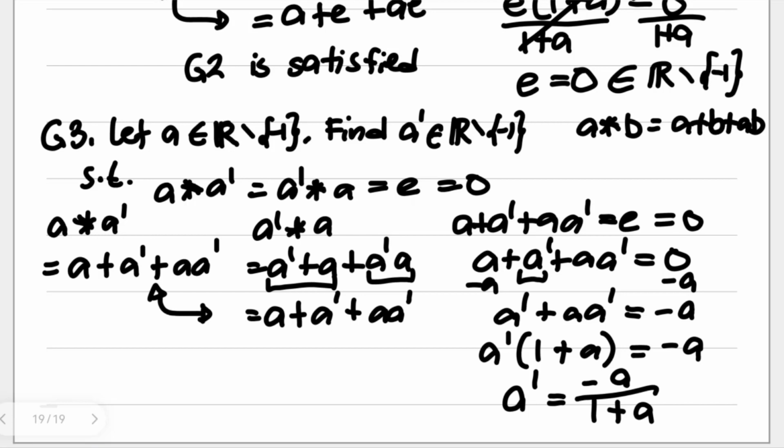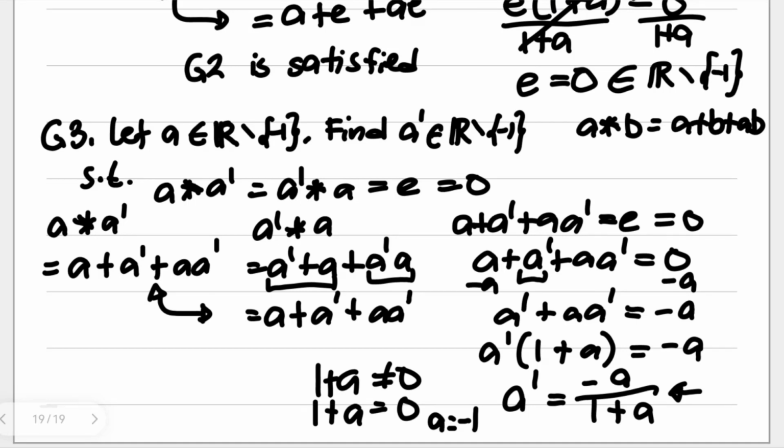Now, is this an element of the given set? Take note that this is a rational expression. The only restriction for a rational expression is that the denominator, 1 plus A, should not be equal to 0. If it's equal to 0, we will have a result that A is negative 1, right? The inverse is not existing if our A is negative 1.